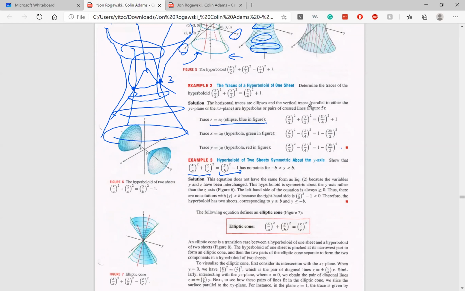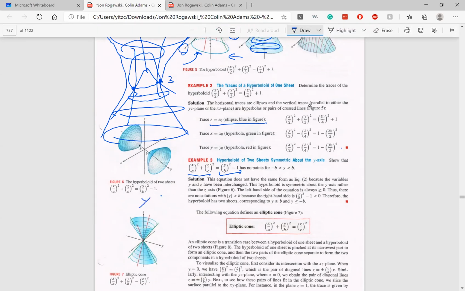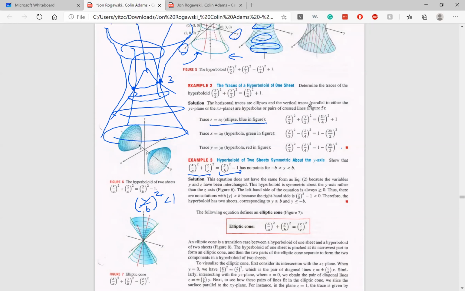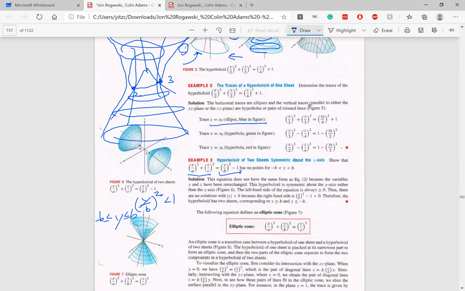It's negative when y over b squared is less than 1. Which tells us that as long as y is between negative b and b, we do not have any solution. So that's this over here, negative b and b.